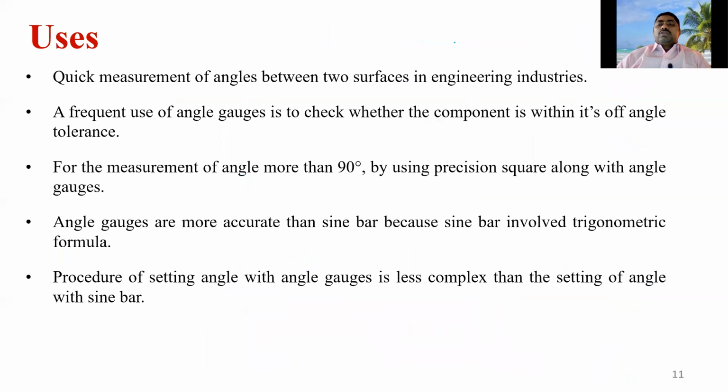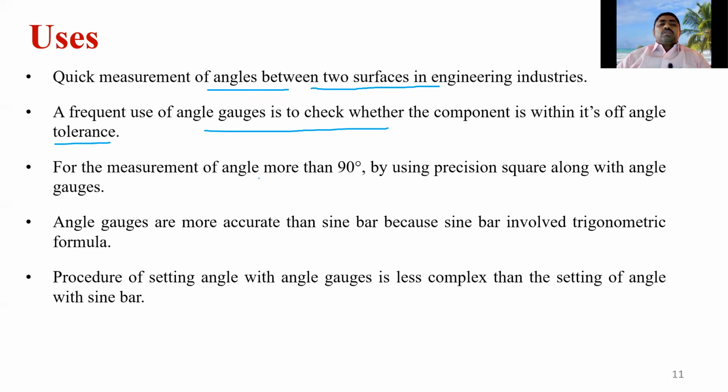So these are the various uses of the angle gauges. They can be used for measurement of the angles between two surfaces in engineering industries. And we can frequently use these angle gauges to check the off-angle tolerance of components.